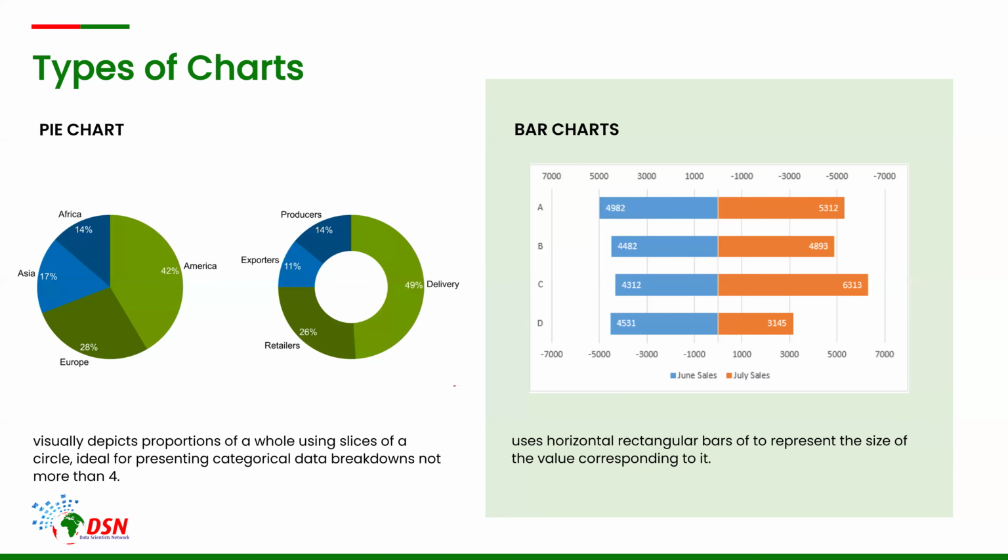For instance, if you look at this, it is just 1, 2, 3, 4. Let me now say I have 12. These four alone are good, because I can see America is very big, Asia is very big. Let's now say we have another one here. It will be very hard for me to know the difference between the one that is here and the one that is here, because they are almost the same in size.